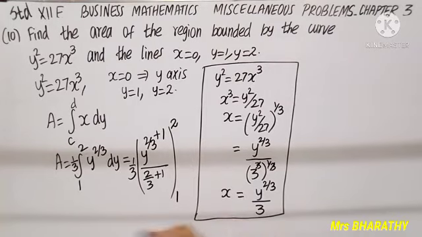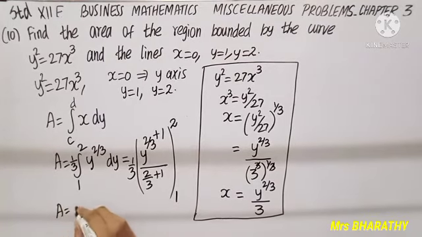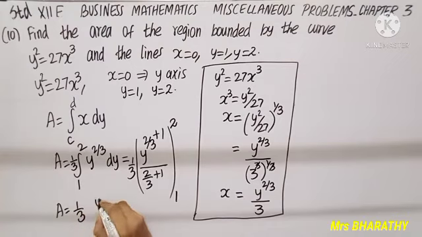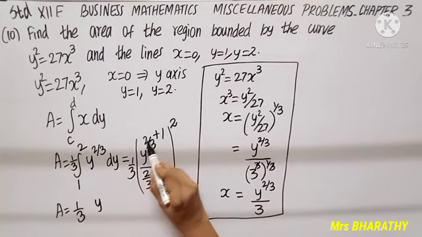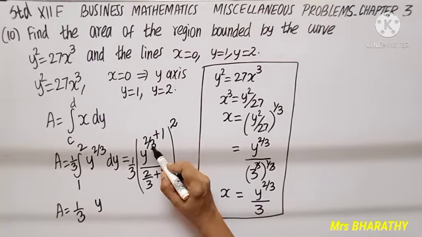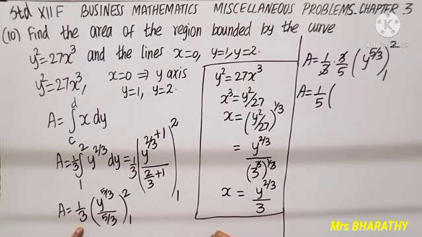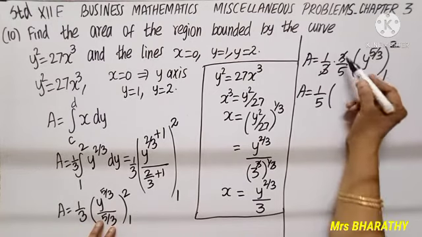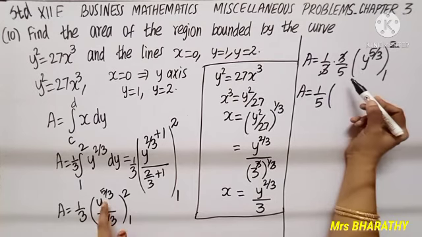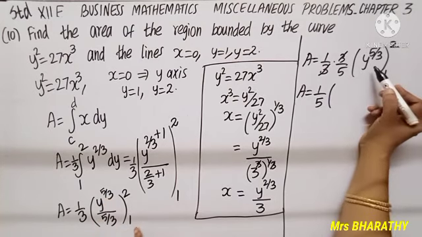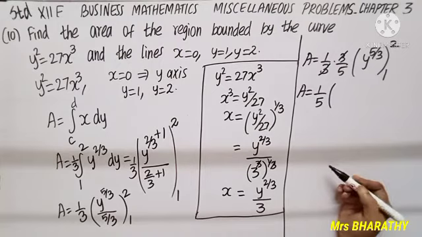As we simplify, it is 1 by 3 y power 1 plus 2 by 3. Taking LCM, 3 plus 2. It is 5 by 3. Denominator also 5 by 3 between the limits 1 and 2. Now as I reciprocate, 5 by 3 will become 3 by 5. Y power 5 by 3 alone left between the limits 1 and 2.